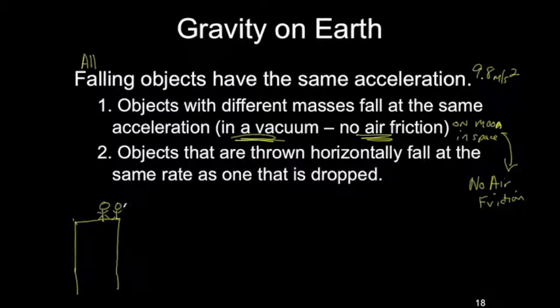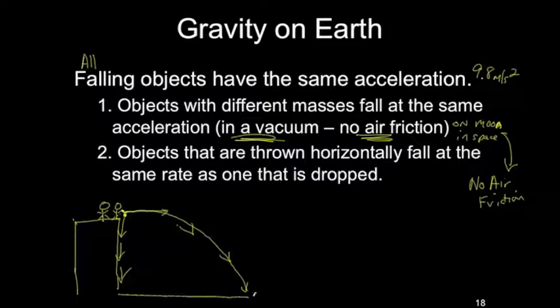One of you throws a baseball horizontally, straight out. The other one of you drops the baseball at the same time from the same height. Those objects will hit the ground at exactly the same time.